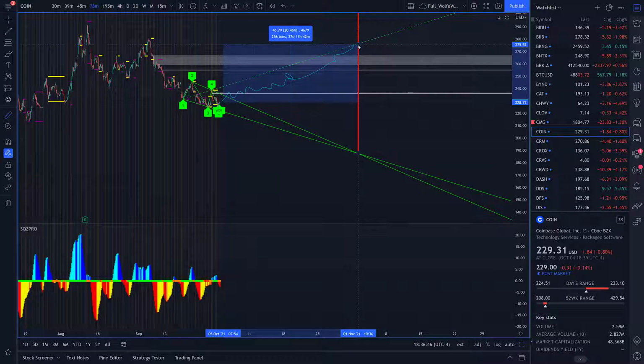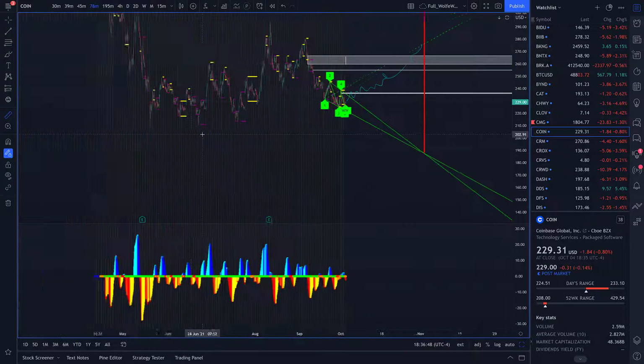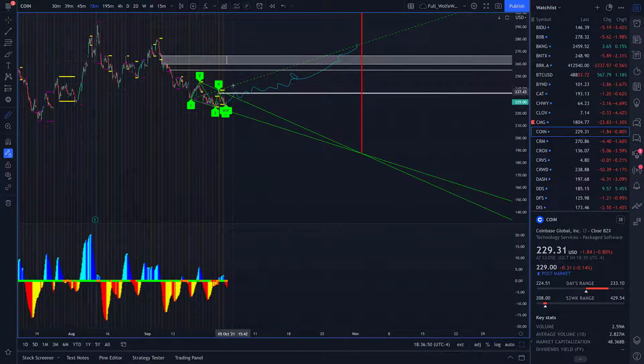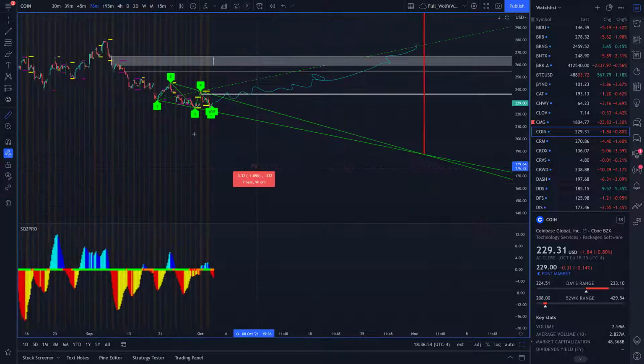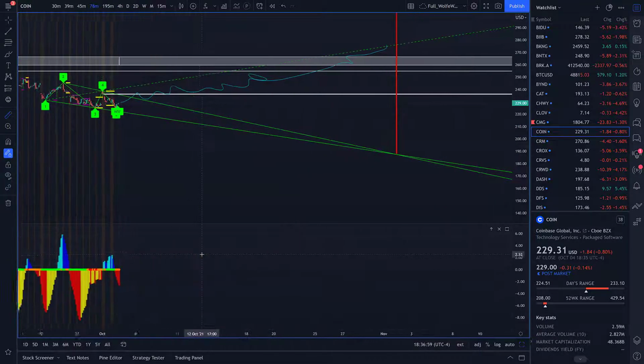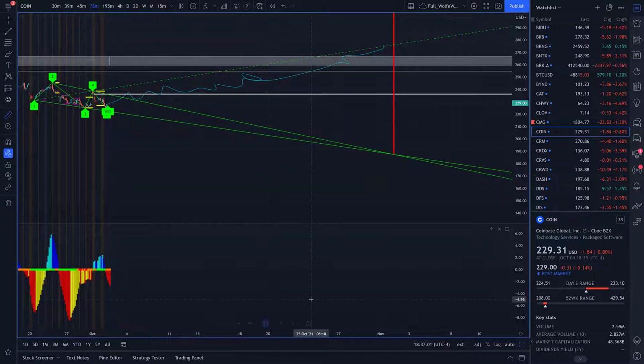Now for this setup, you might think that it's a high probability setup, which it might look like is the case because it's got a lot of the ingredients that we look for. It's got a 78-minute TTM squeeze. It's got that Wolfe wave. It's got a target of 236, right? And then we've got higher level targets up to 255.